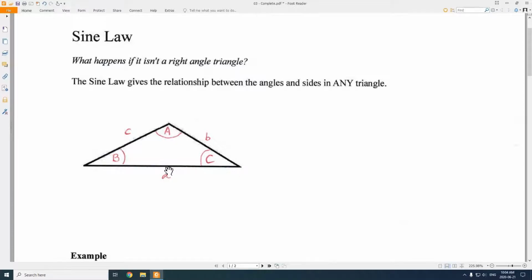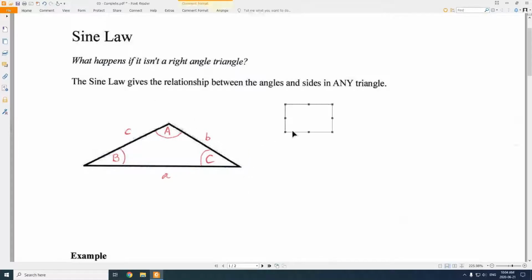And then across from them is the length using a lowercase. You can label it however you want, but make sure that these are always across. A is across from A, B is across from B, C is across from C. And you're usually best to make A your unknown, your X or your theta, if that's what you're trying to find.